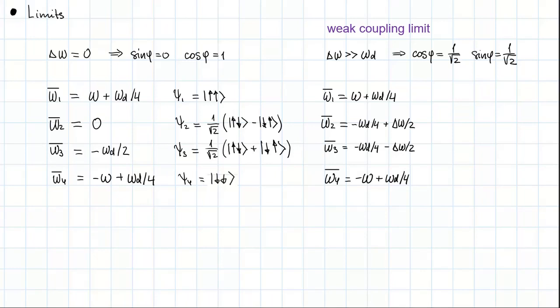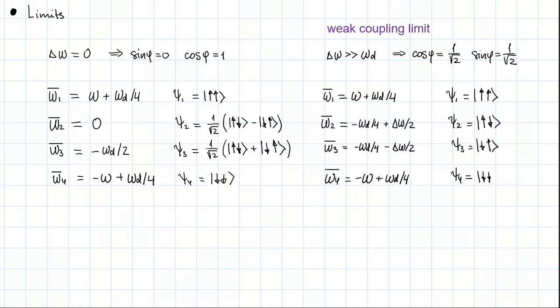Now if I insert 1 over square root of 2 instead of cosine phi and sin phi in the general expression for the eigenvectors, I will obtain the following eigenvectors in the weak coupling limit.